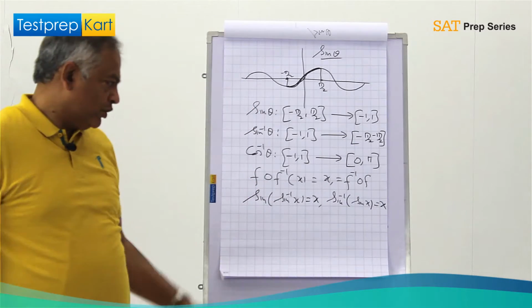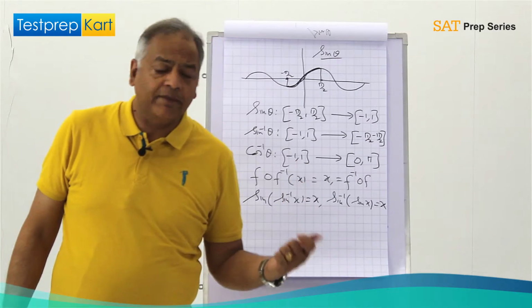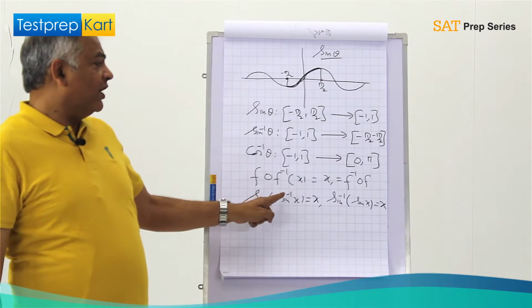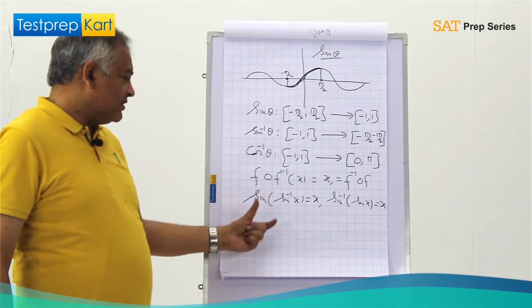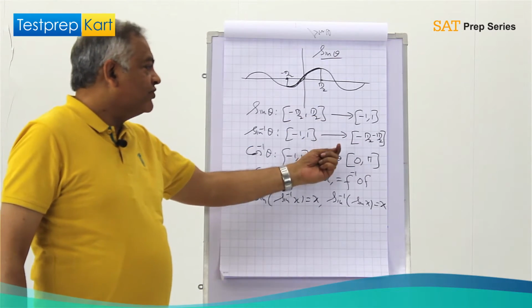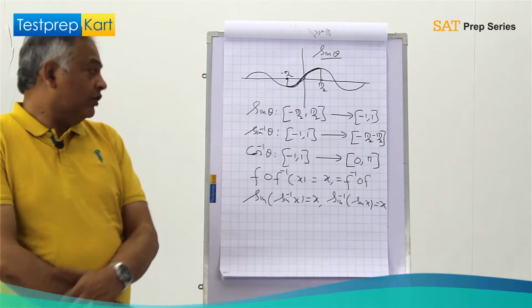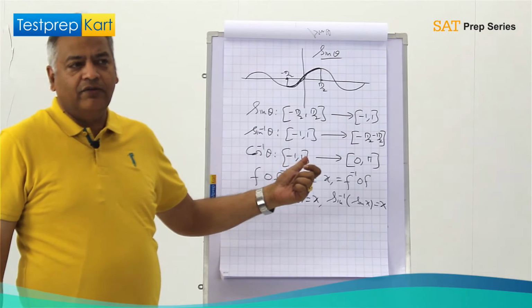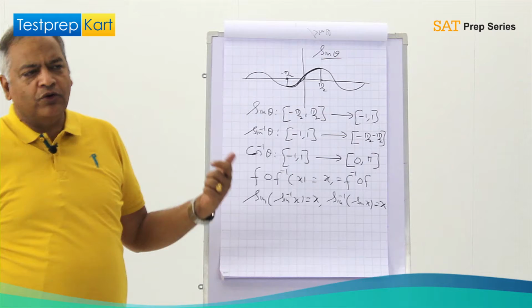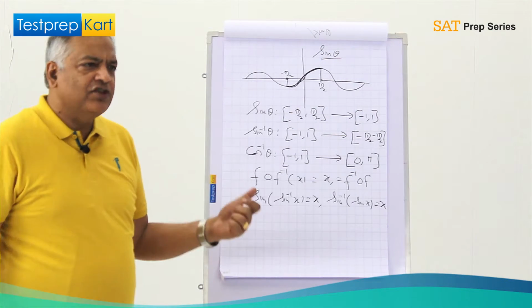That is also true because sine inverse is an inverse function of sine. However, one has to be very careful while calculating this value. You have to check that it should not be outside the domain or the range of the sine inverse function. Whenever you find the value, it should not be outside the range of this.